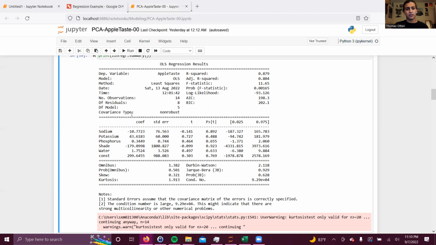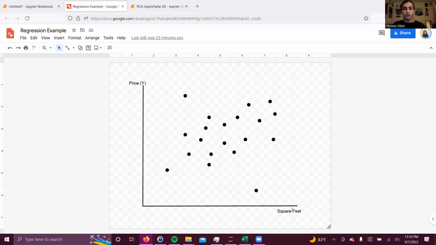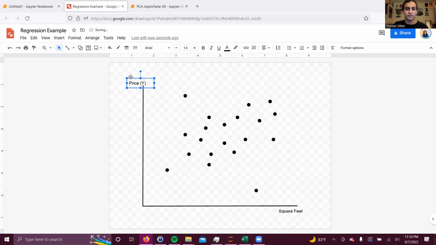But let's explain what we're actually looking at. Let's first take a step back and talk about what a regression is. We're going to use the example of predicting the price of a house. A regression is, simply put, a way to predict something. In this case, apple taste, but we're going to be looking at predicting the price of a house by the square feet of a house.